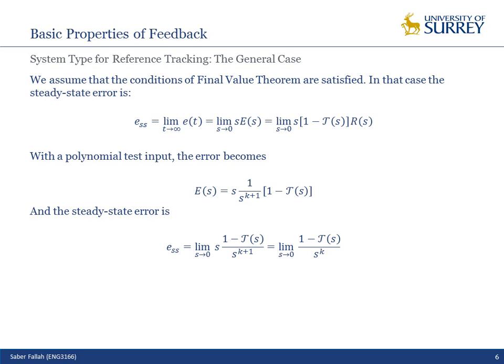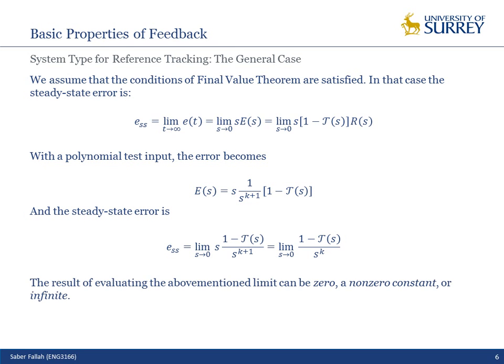So steady state error will be calculated in this form. By this, if we calculate steady state error, we can have three cases. Steady state error is 0, steady state error is constant but not 0, and steady state error is infinity. Depending on which case we have, we can define a type for the system, or system type.